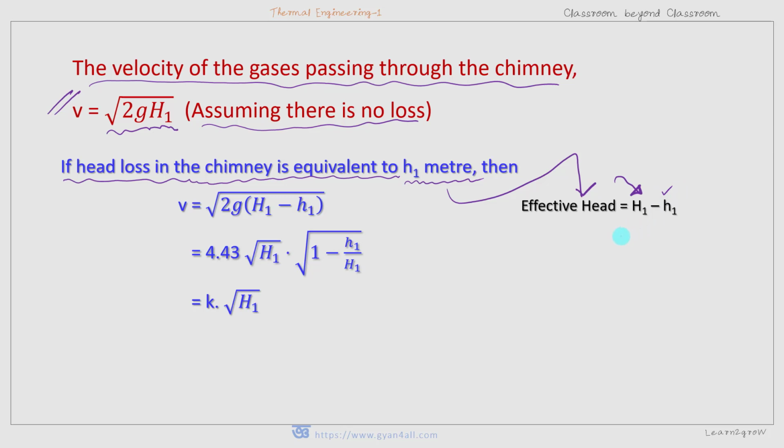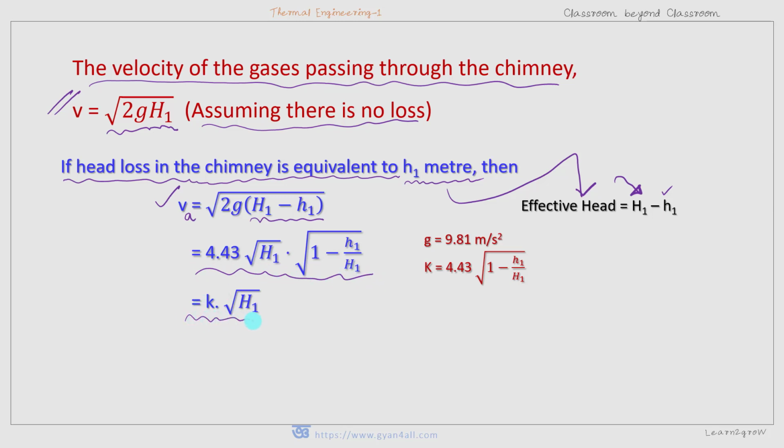So we can put the new value for the head and the actual velocity is equal to root over twice g times capital H1 minus small h1. And if we simplify and put the value of g, acceleration due to gravity, g is equal to 9.81, then we will get v equal to this one.